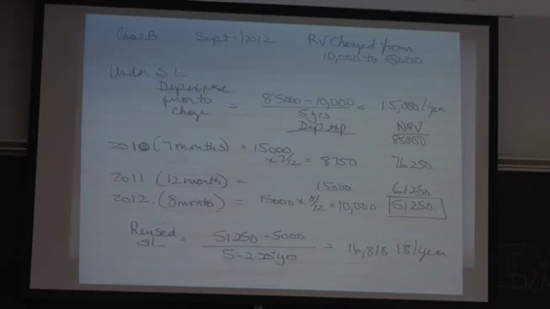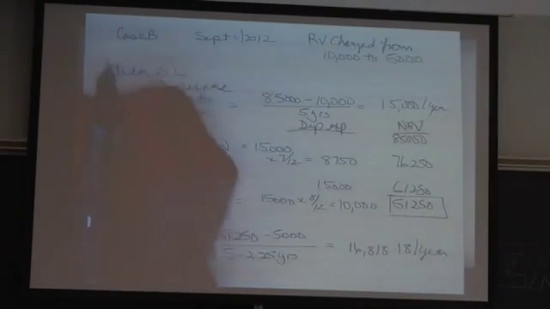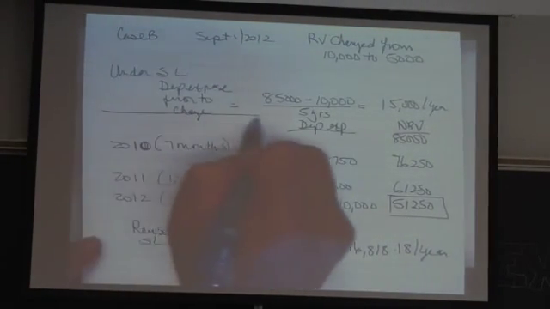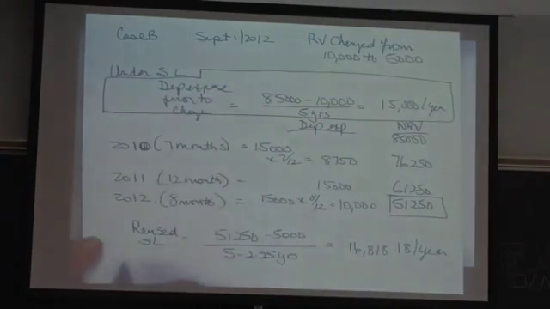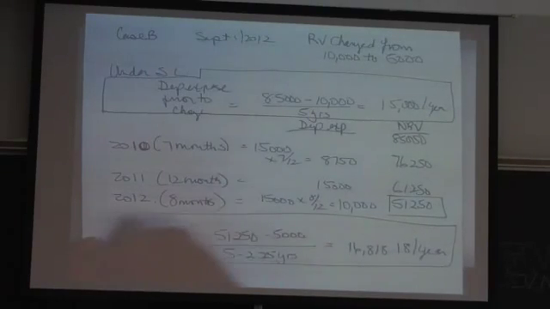Okay, so let me just double check that number. Okay, so that's right. 16,818. So this is the depreciation prior to the change, and this is the depreciation after the change.